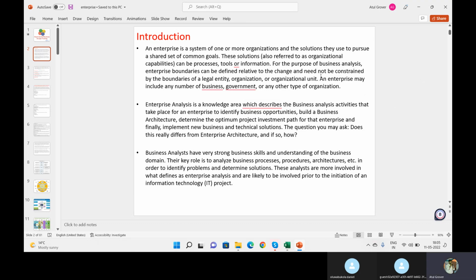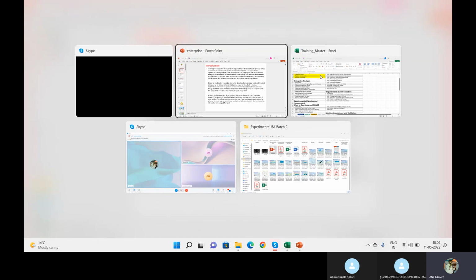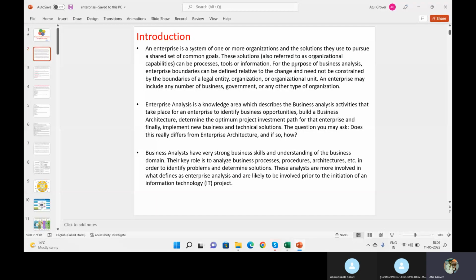So now, on the overall picture, an enterprise may include any number of businesses, governments, and any type of other organization. It means if you're working in a company, that is an enterprise for me, which has some common goal, which has a solution, process, tool, and information.